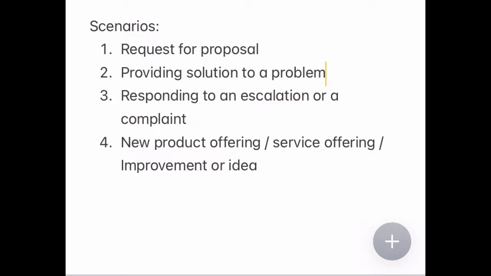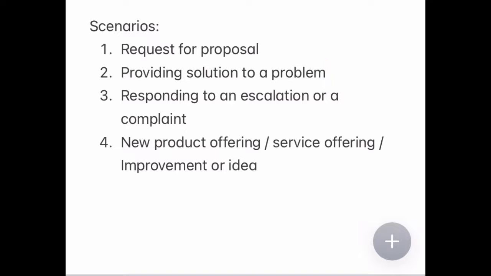Why I am telling you about this is, if you notice all of this, one pattern emerges, where there is a problem that you are trying to solve, and that's what you are doing through the presentation. We are telling them, this is the situation we are in, this is the problem, and this is how you can solve it.